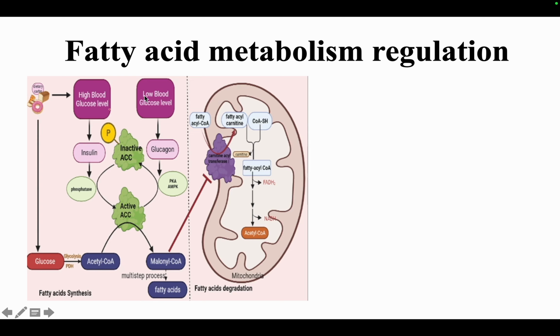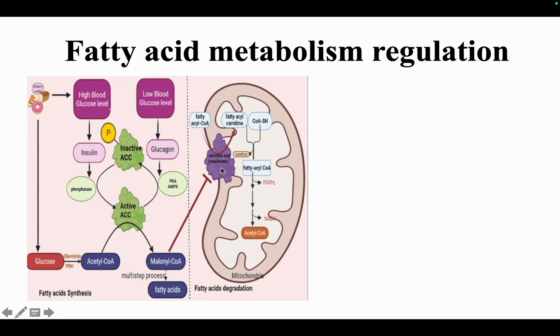Whenever we have low blood glucose, what will happen? Glucagon is released, and we have different enzymes, PKA and AMPK. They convert the active ACC into inactive ACC, and whenever it becomes inactive, fatty acid synthesis stops. So there won't be any fat storage. Because we are low on blood glucose, whatever fats we have, we need to degrade.